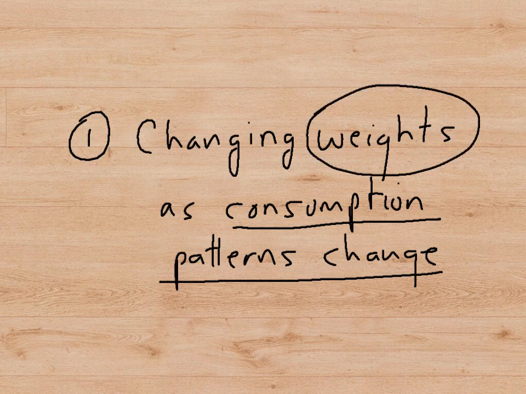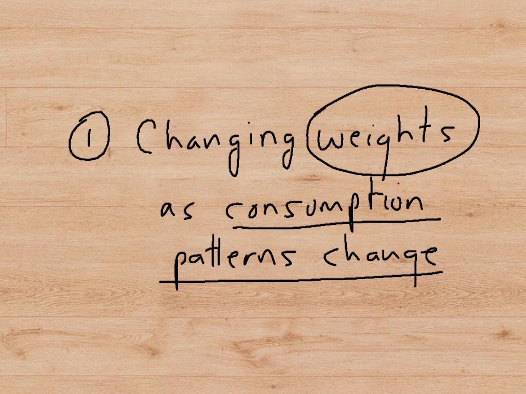For example, over time, people may spend more money on foreign holidays as their tastes change, and less money on holidays in their own country. So depending on what's happening to the price of foreign holidays and what's happening to the prices of holidays in their own country, there will be an overall change in the inflation rate if people are actually buying more foreign holidays and fewer holidays in their own country.